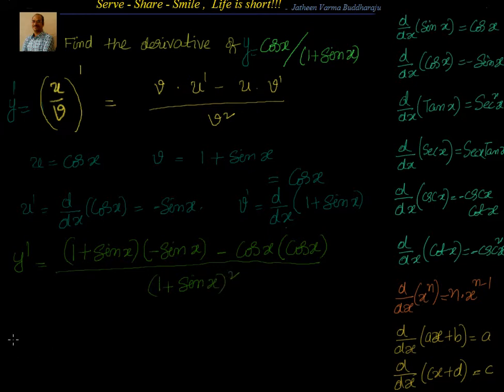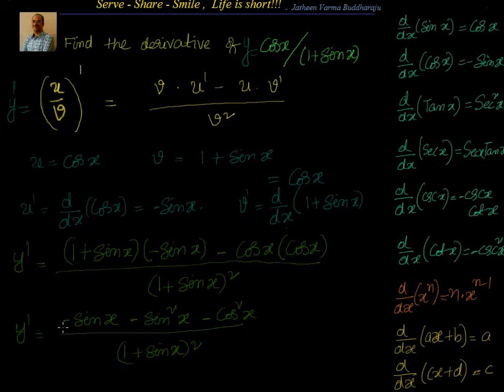Let's try to simplify this. Minus sin x into 1 is minus sin x, then minus sin x into plus sin x is minus sin square x, minus cos x into cos x is minus cos square x, divided by 1 plus sin x whole square.